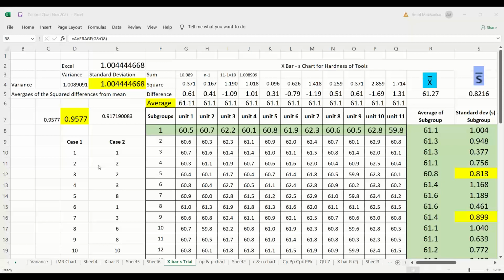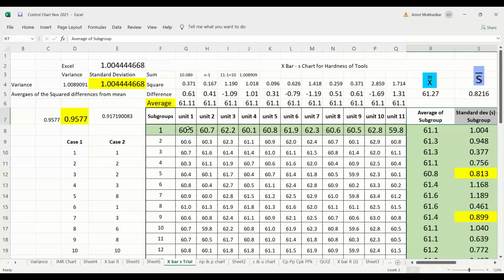Here in the X bar S chart, you are going to plot the averages of the subgroup and the standard deviation of the subgroup. So these two data you will require.